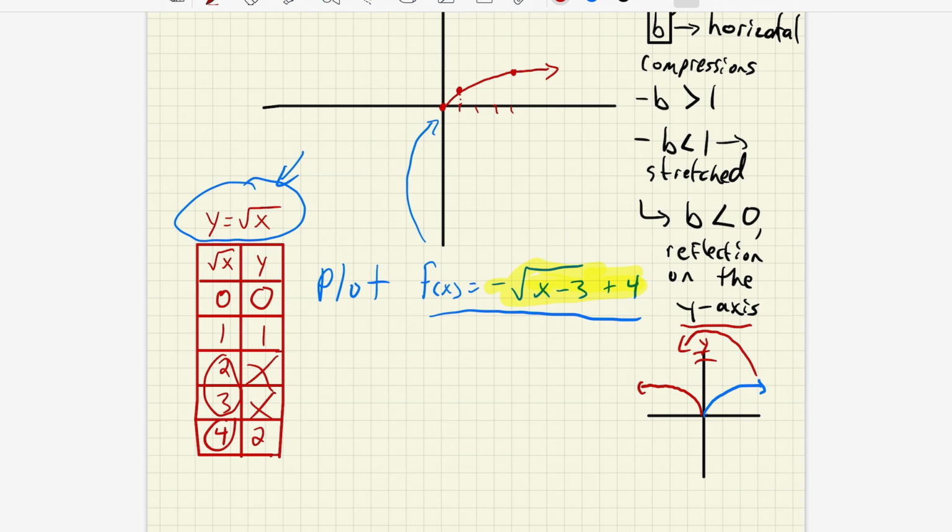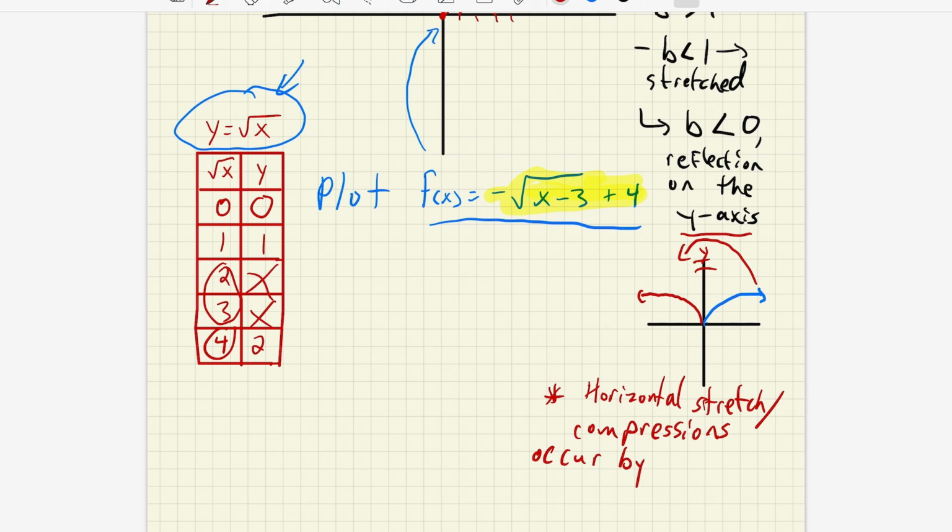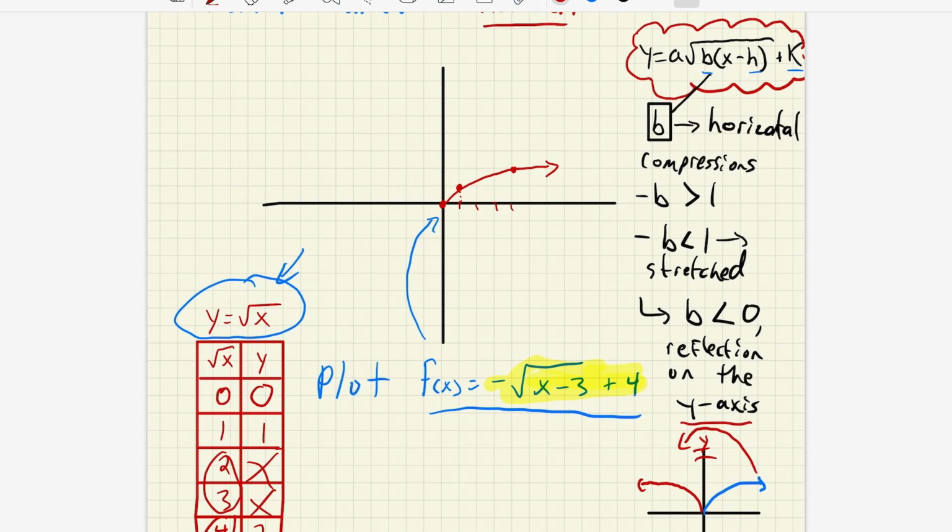It's important when it comes to the B, and I'm going to write this as a starred note underneath here, that when it comes to the B value, the horizontal stretch/compressions occur by factors of 1 over B. So for example, if your B is equal to 3, then according to what we've written over here, when the B is greater than 1, you get a compression.